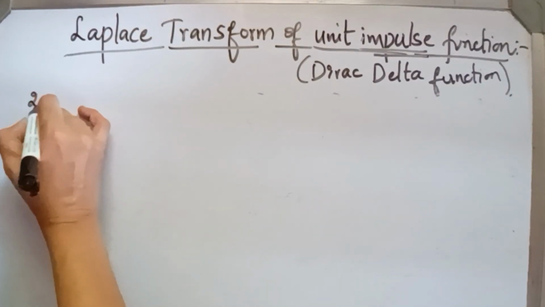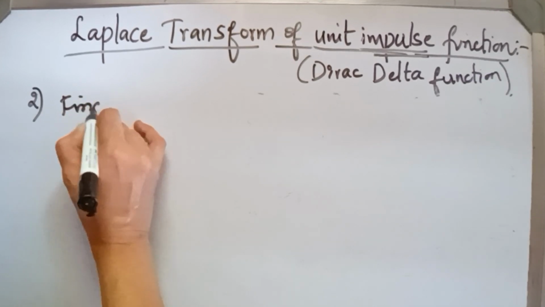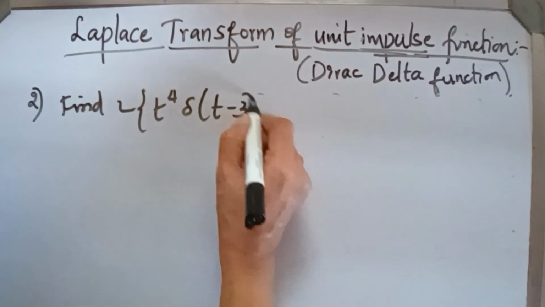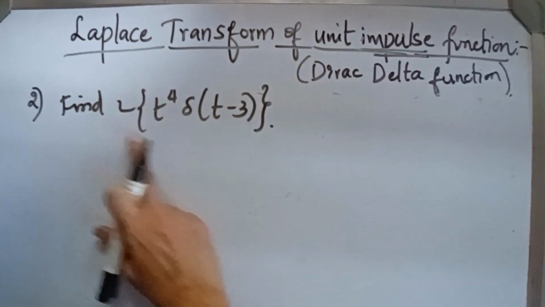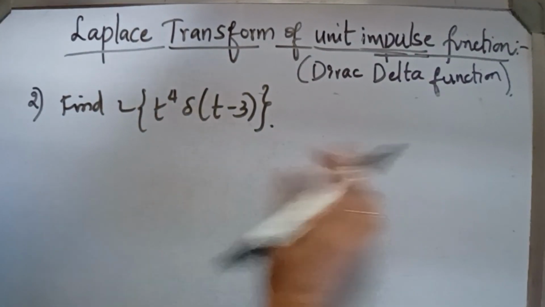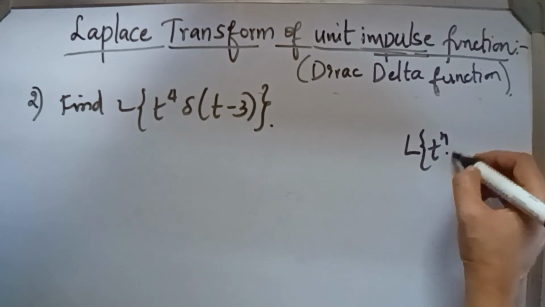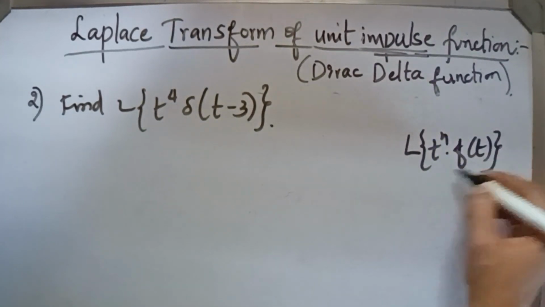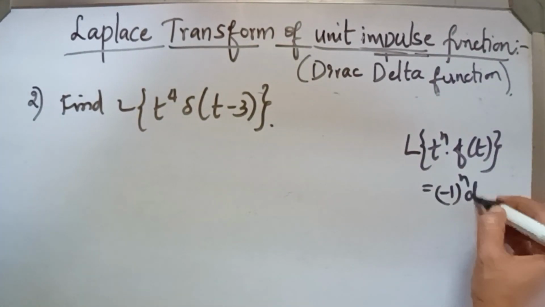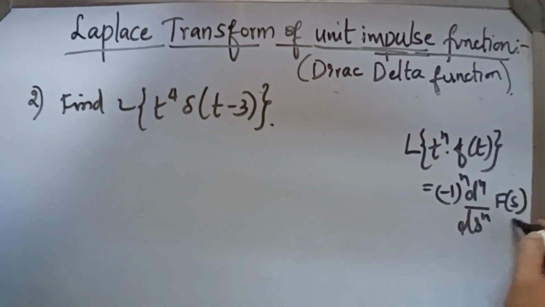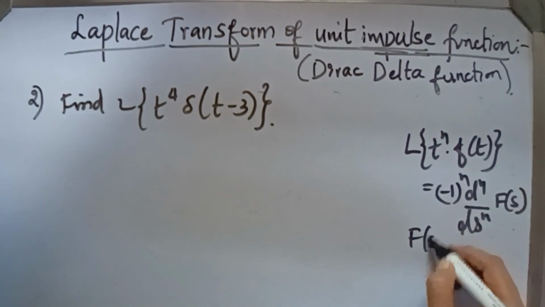Next problem: find the Laplace transform of t to the power 4 into delta of t minus 3. We shall make use of the derivative property of the Laplace transform, that is, the Laplace transform of t power n into f of t is equal to minus 1 power n into d^n by ds^n of F of s, where F of s is the Laplace transform of f of t.